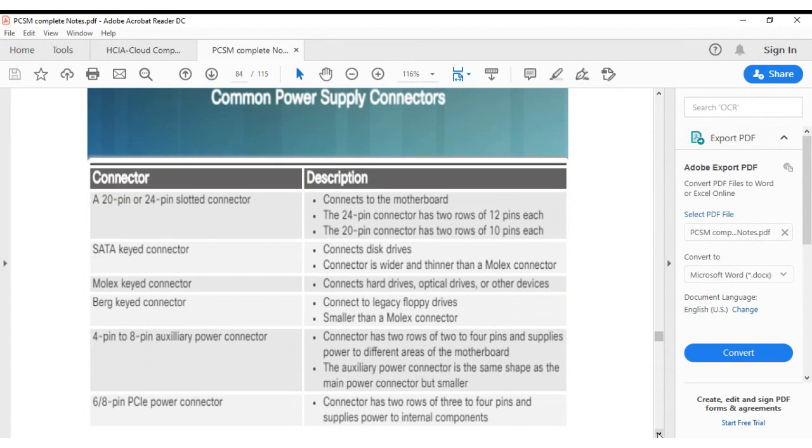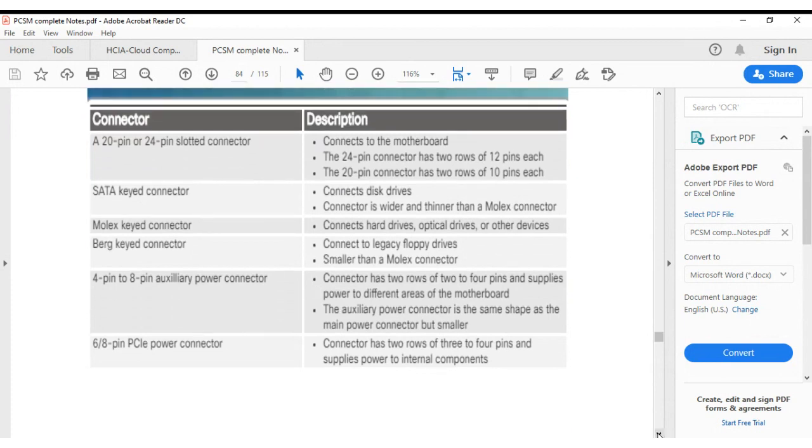Then we have the SATA keyed connector. It connects disk drives. The connector is wider and thinner than a Molex connector. The Molex keyed connector connects hard drives, optical drives, and other devices. The Berg keyed connector connects to legacy floppy drives and is smaller than a Molex connector.